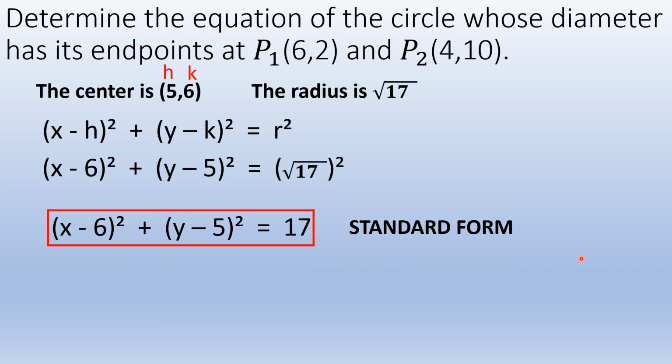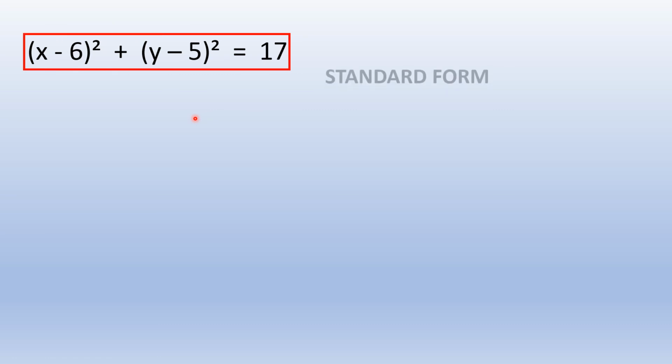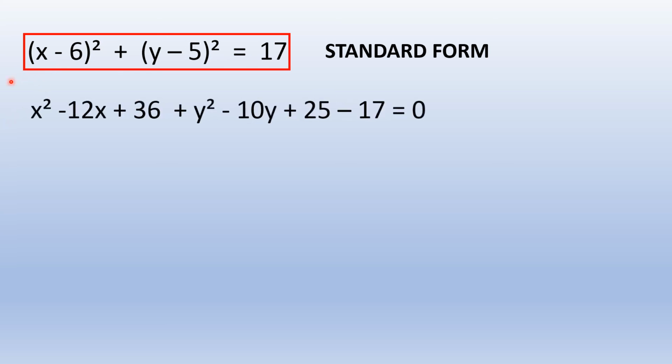E paano sa general form? Paano makukuha yung equation ng circle sa general form? Kung ito yung equation ng circle sa standard form, so to find the equation of the circle in general form, i-expand mo lang ito. So (x minus 5) squared, times (x minus 5).